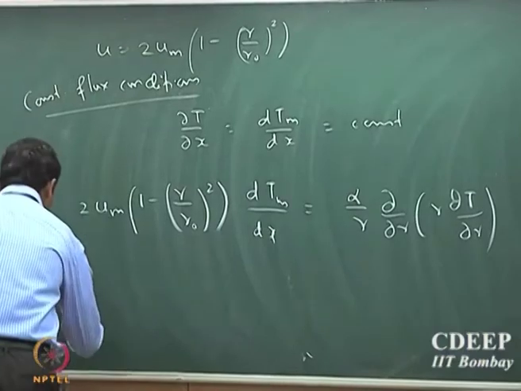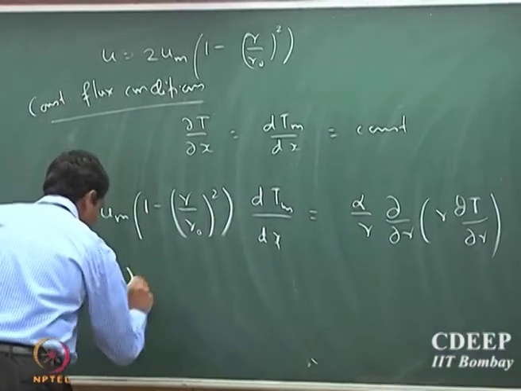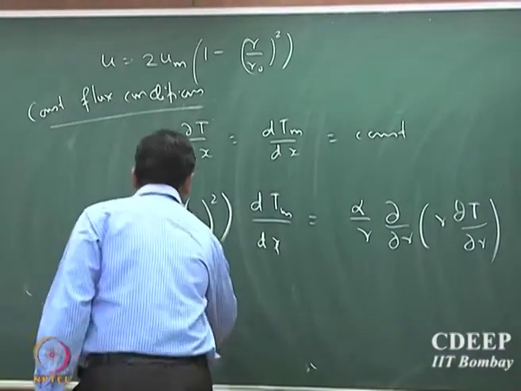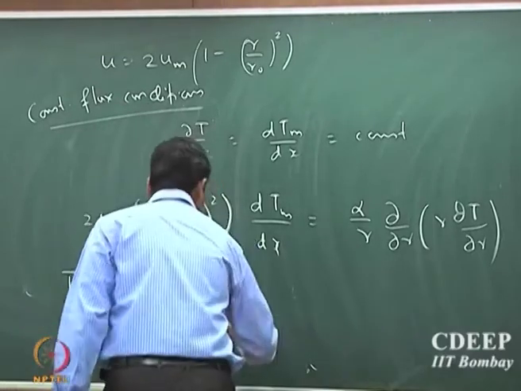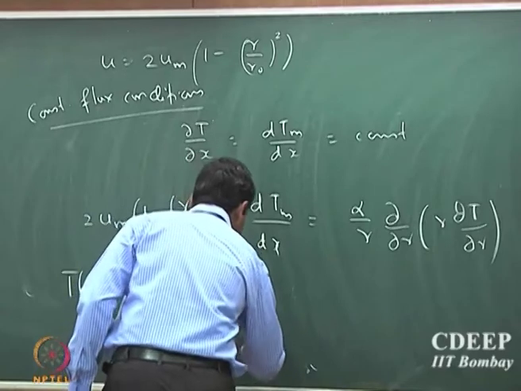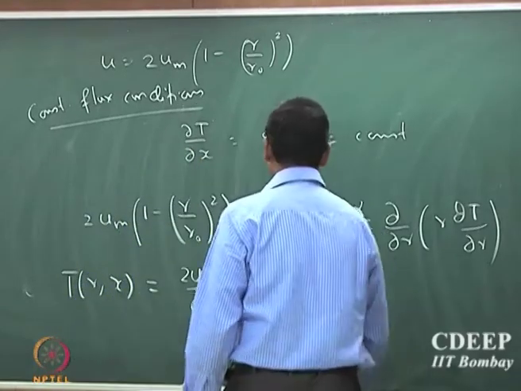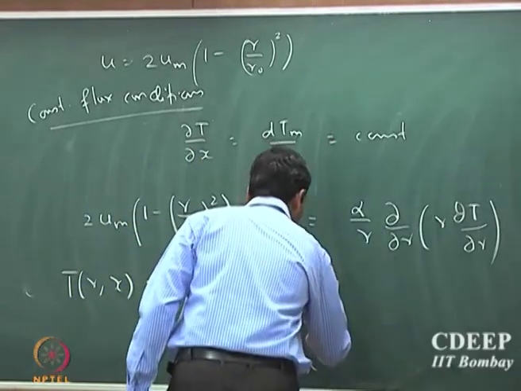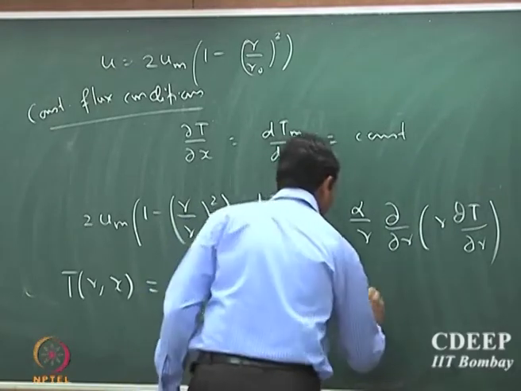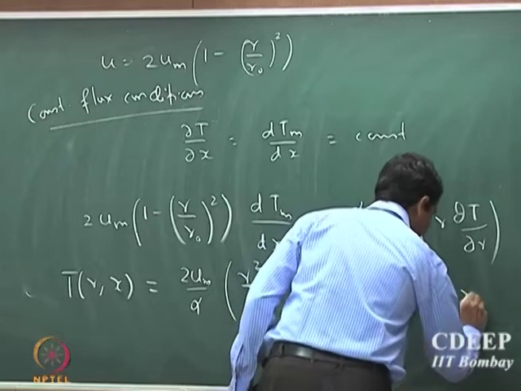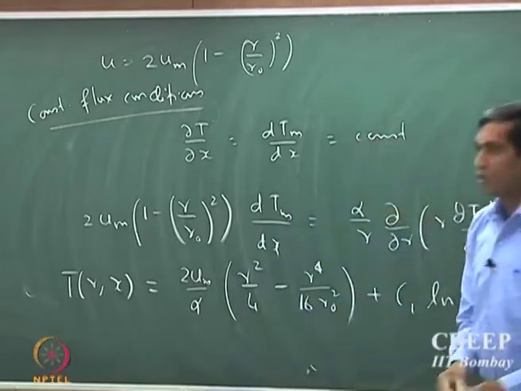So T of r comma x will be 2 um by alpha, multiplied by r square by 4 minus r power 4 by 16 r naught square, plus C1 ln r plus C. That's the solution.